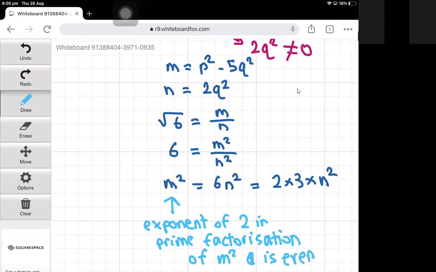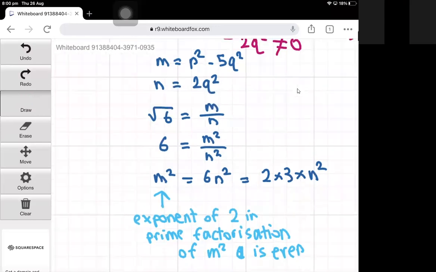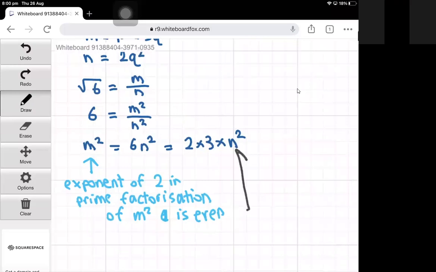And this is because if we take the prime factorization of m and square it, each of the exponents will multiply by 2. So the exponent of 2 will be even. And the same thing happens to n squared. So the exponent of 2 in the prime factorization of n squared is also even.